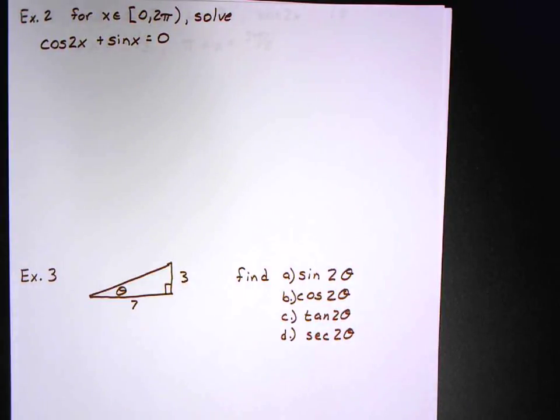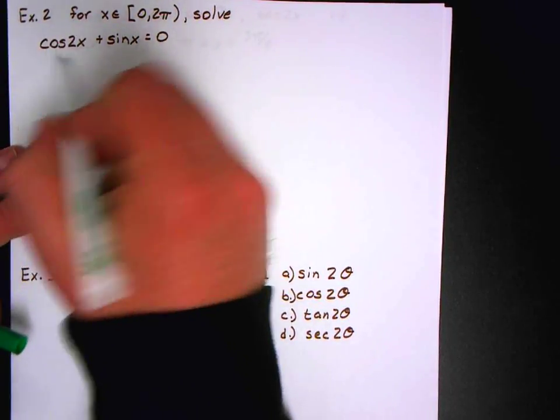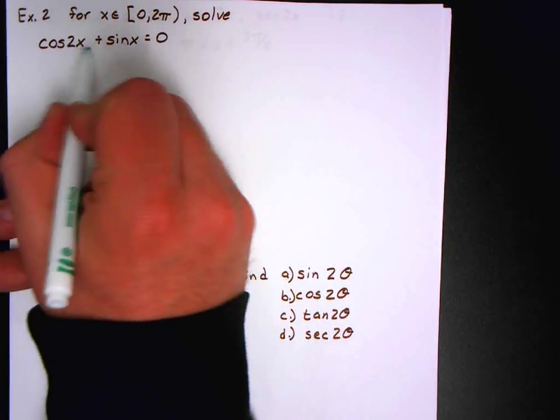I cannot solve a problem that has a 2x and an x. It's like having an x and a y. So that's why we have to have the double angle formulas. For this, I need to get this 2x into an x.